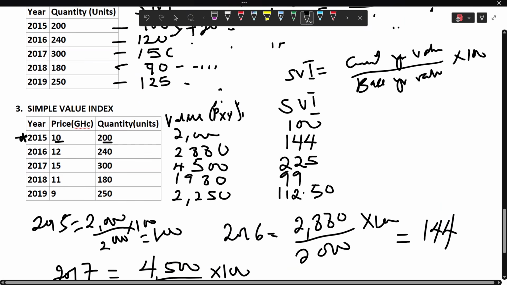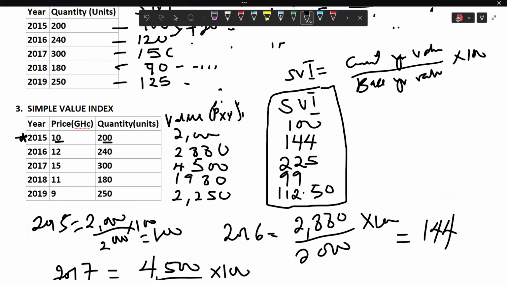So now this is the simple value index. You can see that for 2016 relative to 2015, the value increased by 44%, and for 2017 and 2015 we have an increase of 125%.